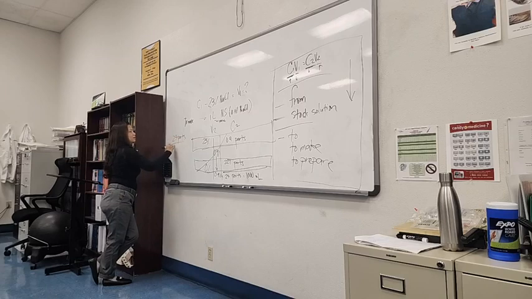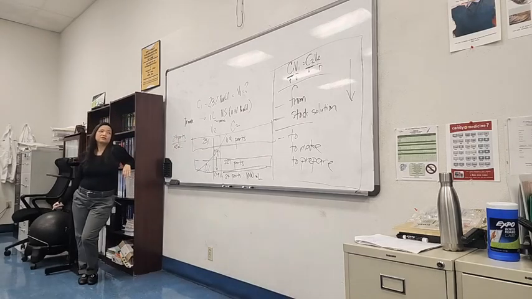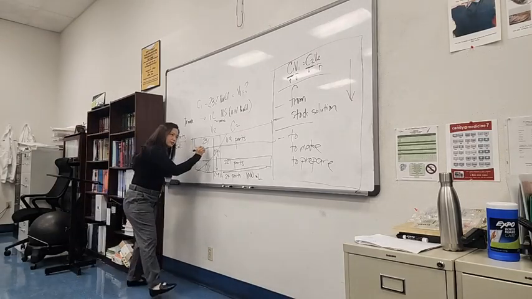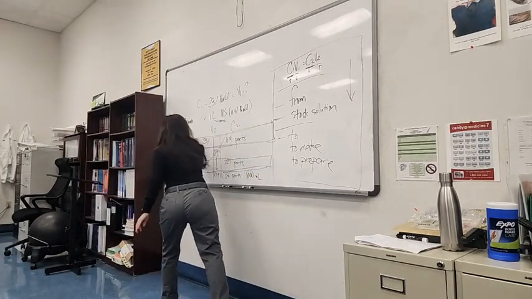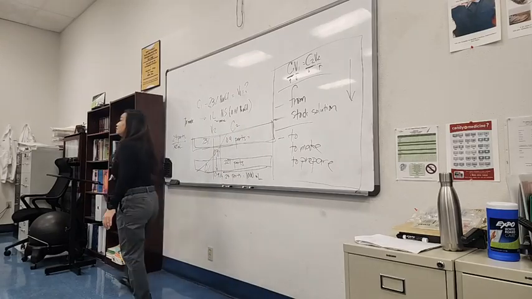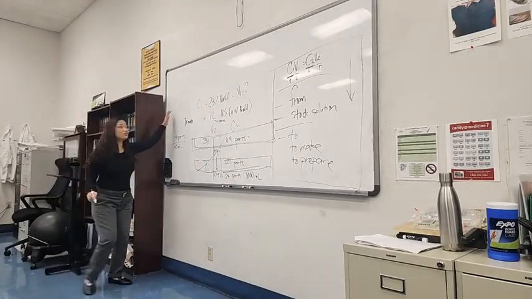Is 1,000 ml. Which one should I calculate? This part. Because this is my x at this point. Is it the question to make?